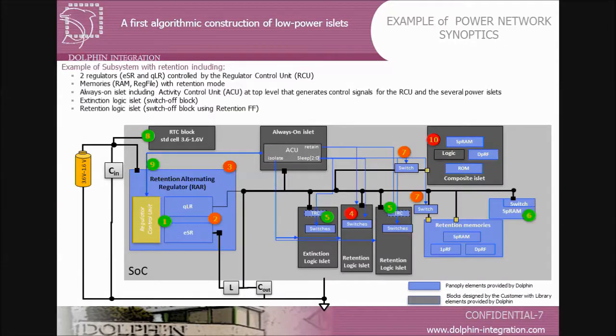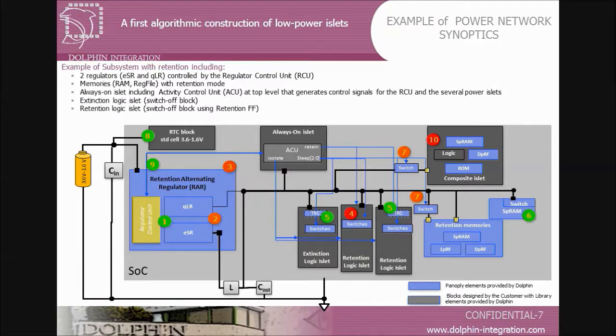Here is an example of power network synoptics for low leakage purpose. The objective of such a synoptic is not to frighten you, but to guarantee that the different elements from a panoply will work properly together, so that you won't have loss of performance or loss of functionality. It's to advise the customer how to perform the integration and the verification of all those elements.